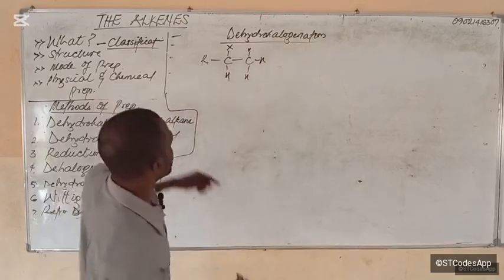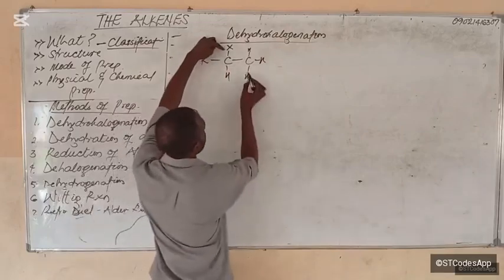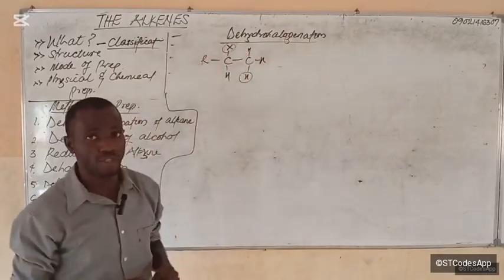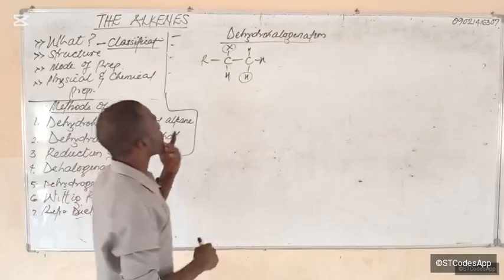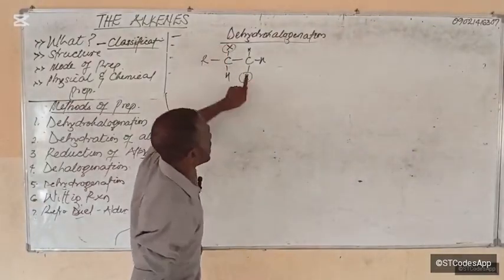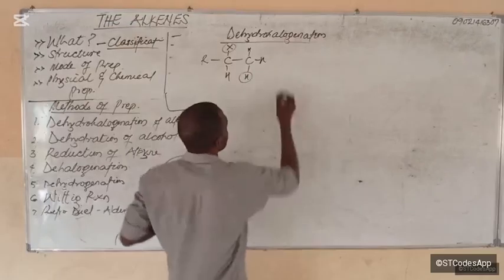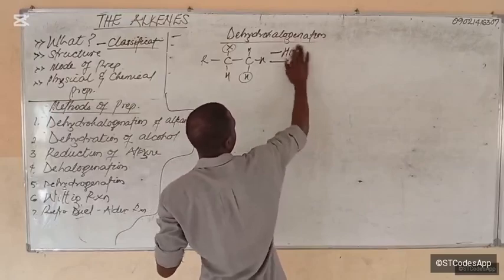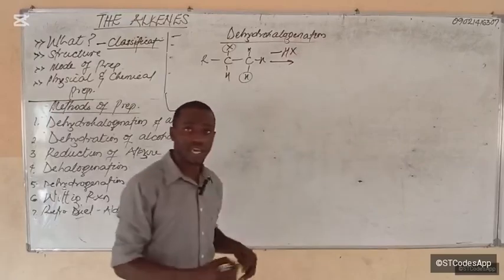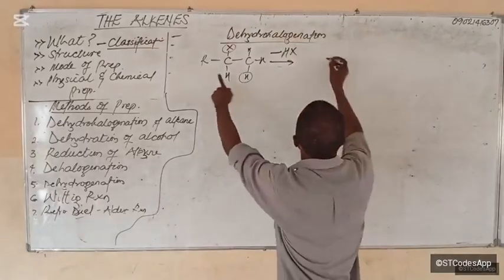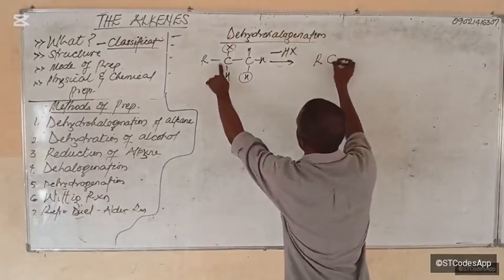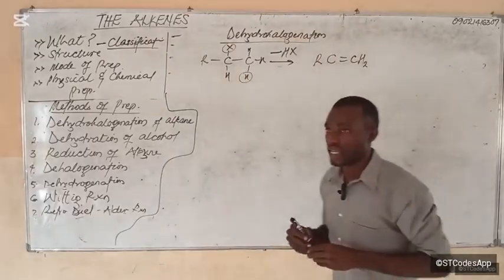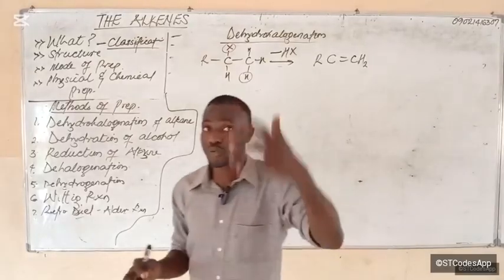What we want to do is remove one hydrogen and a halogen. The hydrogen will be removed and the halogen will be removed. So we are subtracting HCl, HBr, HX. At the end of the day, we are going to come up with RC double bond CH, CH2.